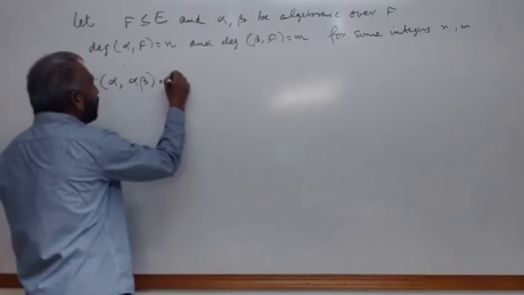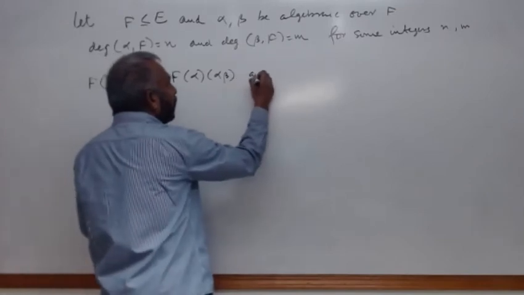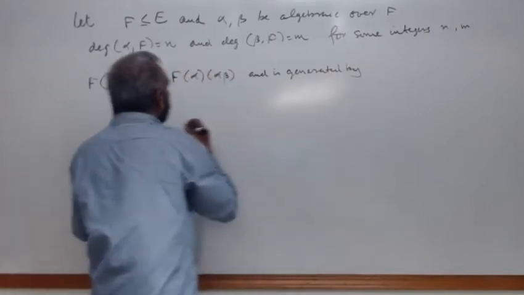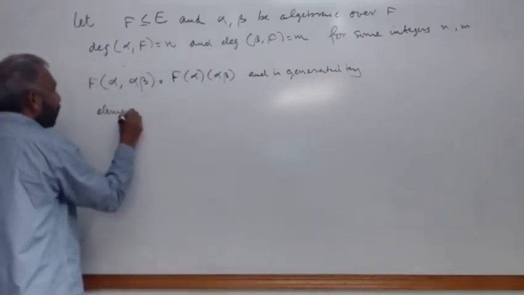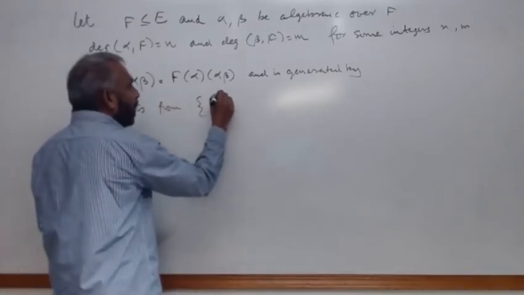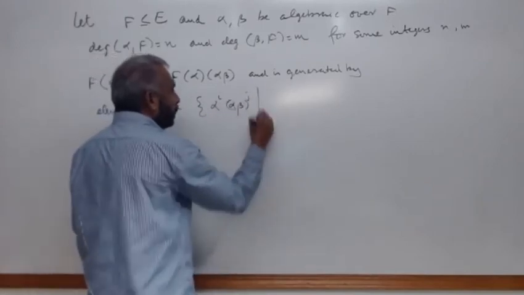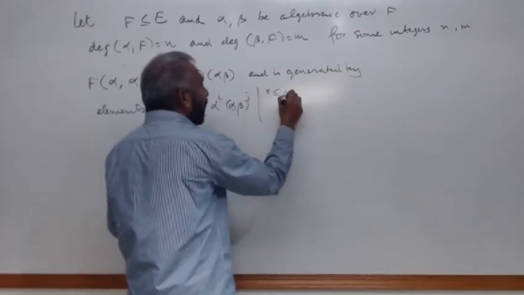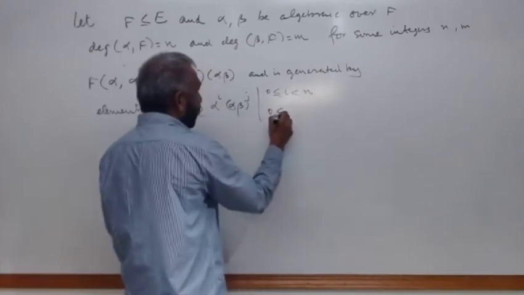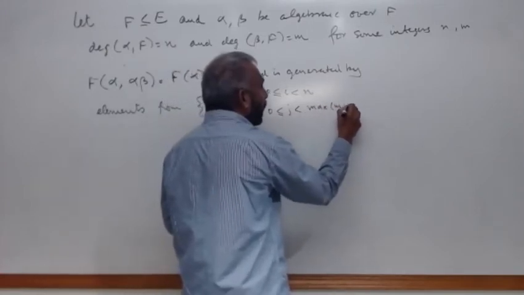This is actually nothing but F(alpha, beta), and is generated by elements from alpha^i, beta^j, alpha^i beta^j, 0 less than or equal to i less than n, 0 less than or equal to j less than max of m and n.